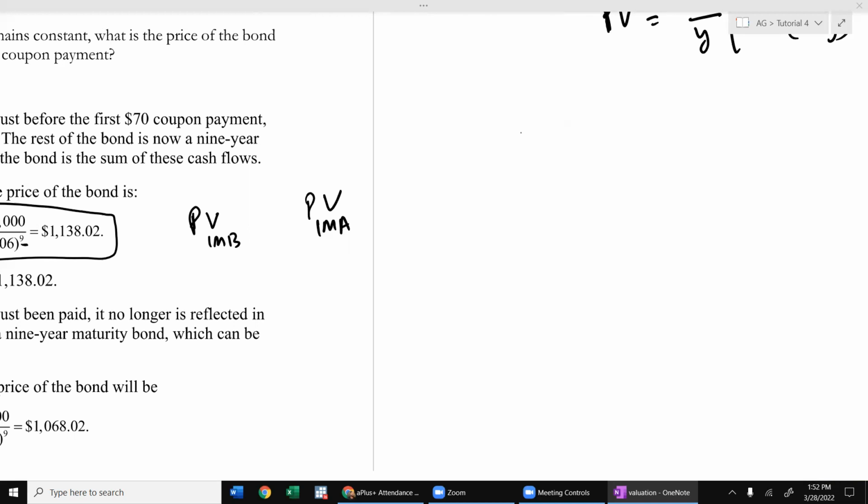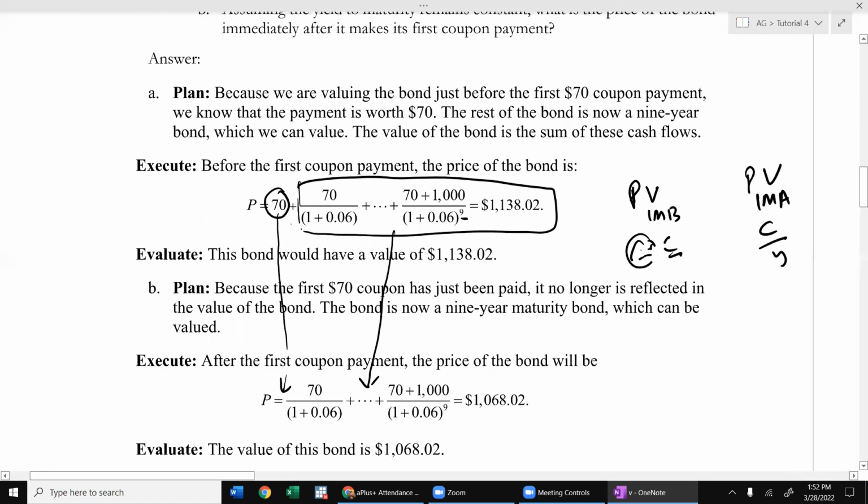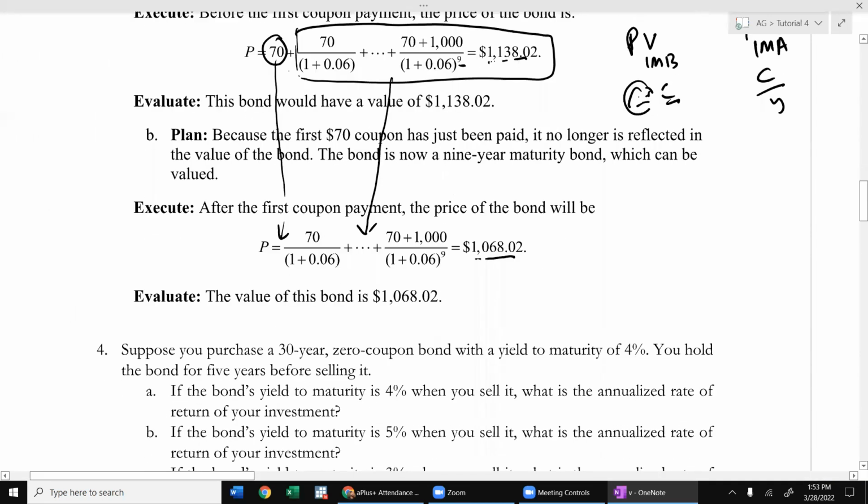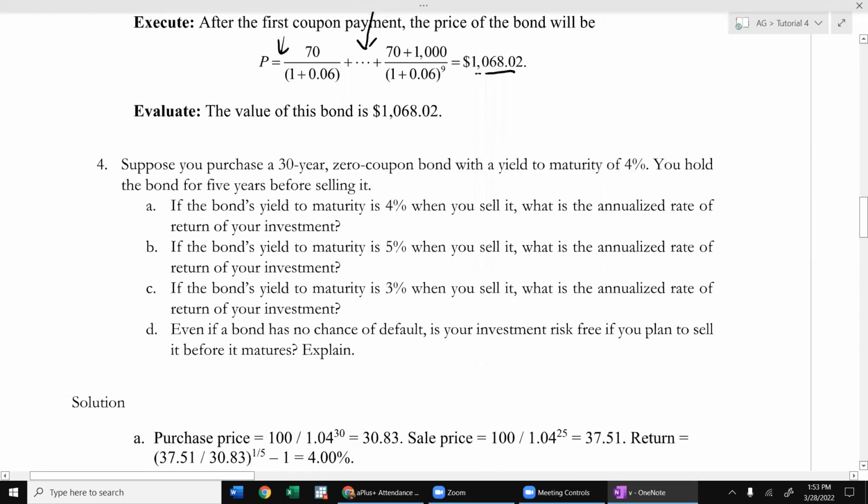The before one, very good, because we are adding the cash flow. It is C plus C, right? Here we are not using C plus, we are just using C divided by YTM. So that's why the answer should be higher than the after. You see 1138 and this is 1068.02.